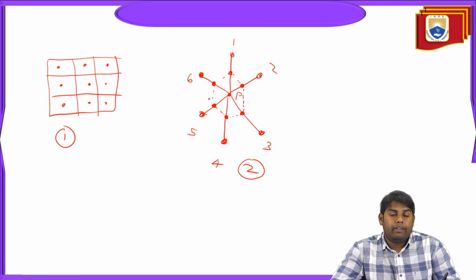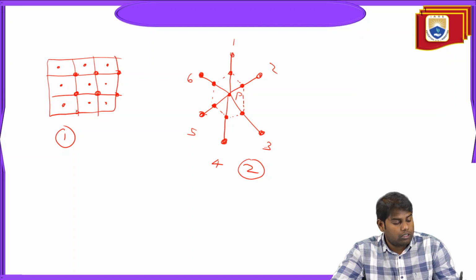Now, when we see the basic difference between finite volume and finite difference method, for the finite difference method, we actually focus on the vertex, or let's say the grid. Okay. Now for finite volume method, we will see at the centroid.